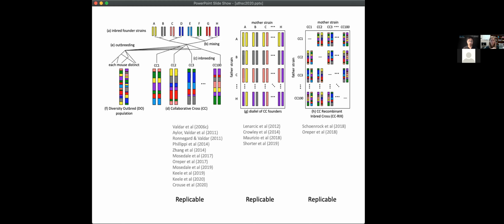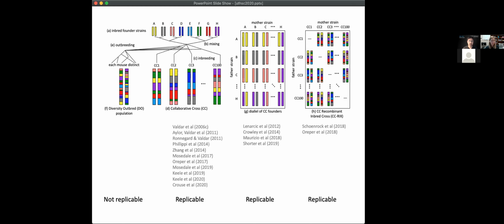A spin-off population was created from the collaborative cross called the diversity outbred cross. This is an outbred population, so mice are just mating with each other randomly, and the advantage of that is you get a lot of different combinations, but the disadvantage is that each mouse is distinct.